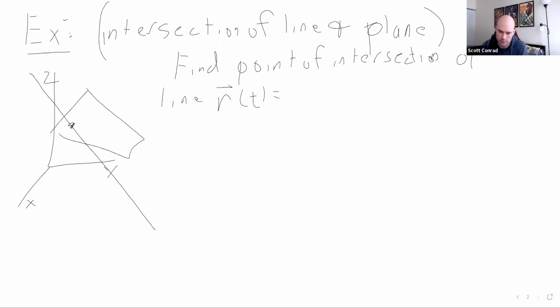A single variable t. So that's what we mean by parameterization of a line. And we'll get more into detail later on parameterizations, but that's what that means. So our line is (1, 2, 1), so written in vector form, plus t times (-2, 0, 1).